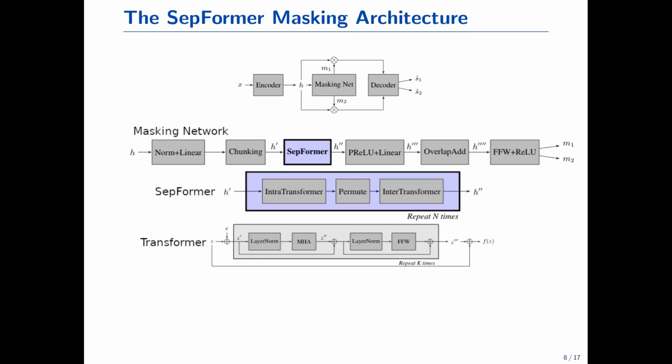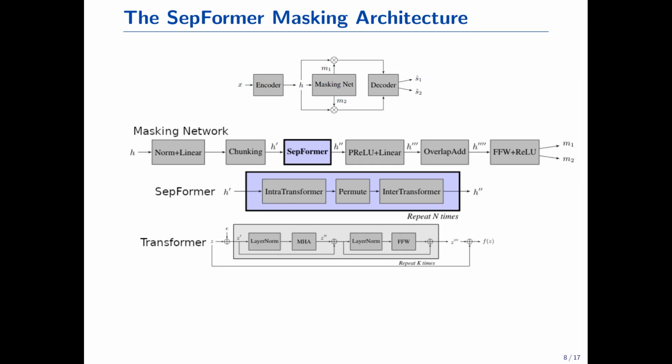The representation H that is shown above in the overall pipeline first goes through a linear layer, and then we apply chunking. That is the operation that I showed in the previous slide. Afterwards we apply Sepformer, which combines short-term modeling with long-term modeling, based on the dual path pipeline.